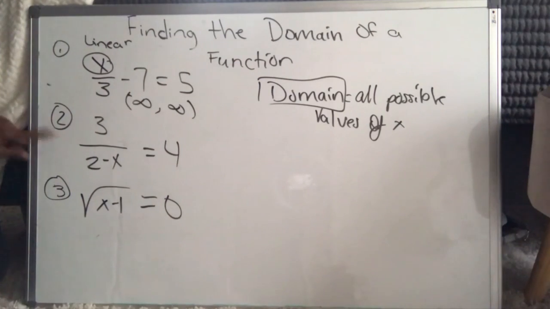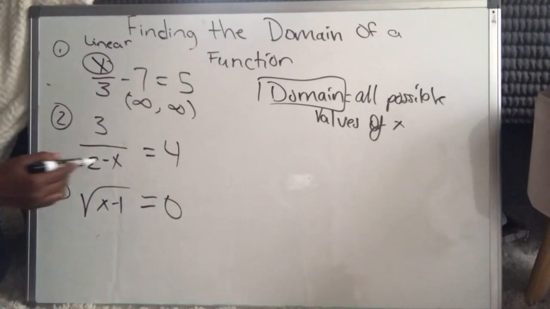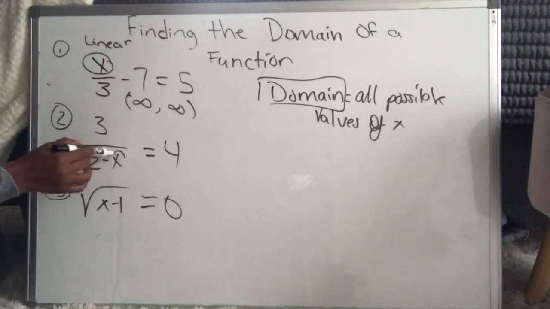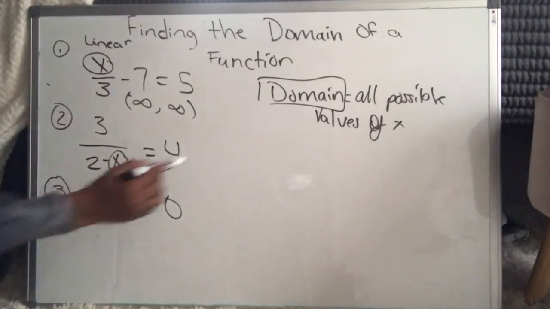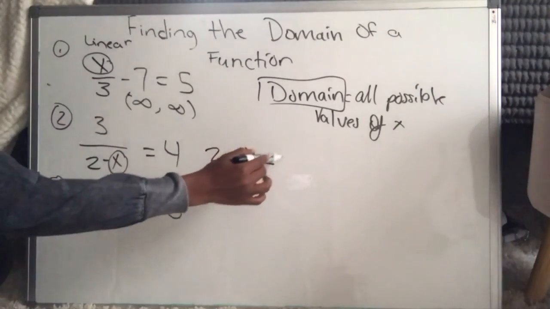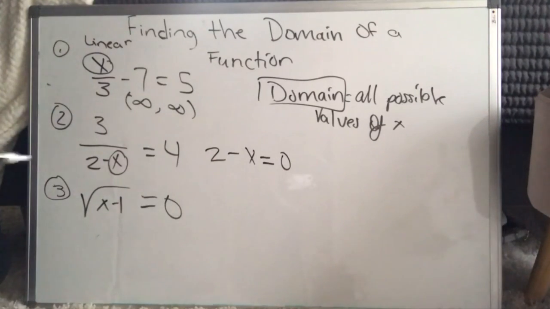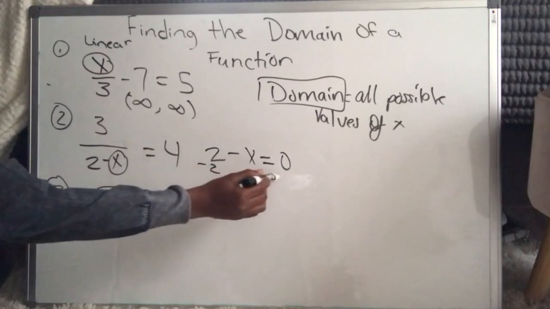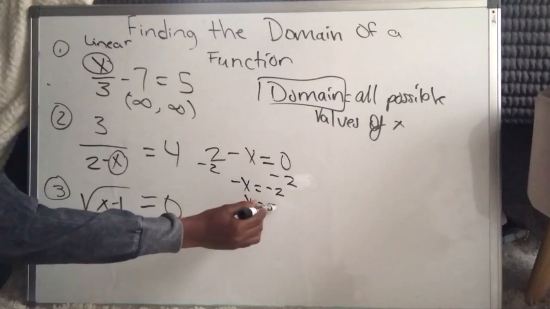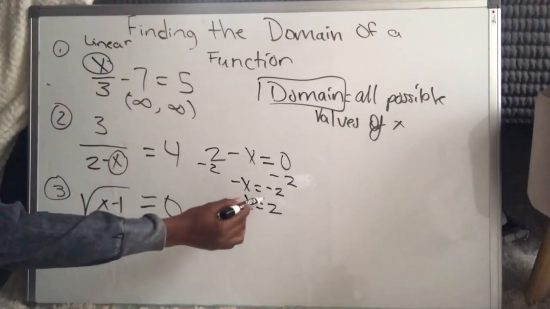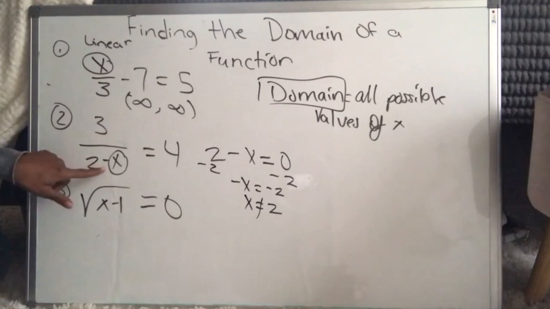All right, this one is a rational function. The denominator has the x now, and therefore we know that the denominator cannot equal 0, so I'm going to set it equal to 0 to find out what my x is that's going to make it 0. Some people can look at it and tell 2 minus 2 will give me 0, but for some people who can't, we'll solve for x. Negative x equals negative 2, so positive x has to equal 2. Therefore, we do not want x equal to 2, because we know that 2 minus 2 is going to give me 0.